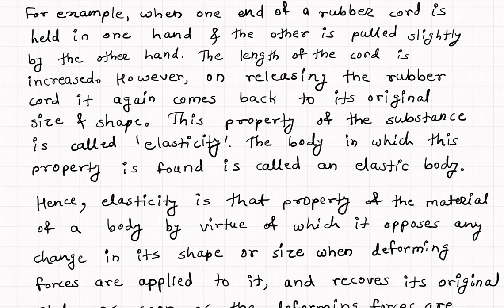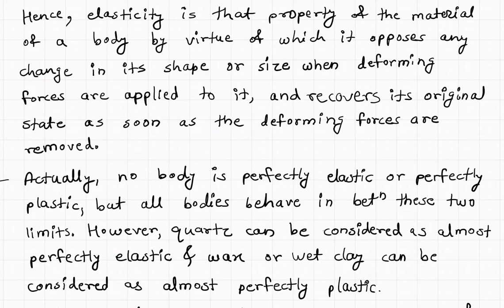The body in which this property is found is called an elastic body. Hence, elasticity is that property of the material of the body by virtue of which it opposes any change in its shape or size when deforming forces are applied to it, and recovers its original state as soon as the deforming forces are removed.